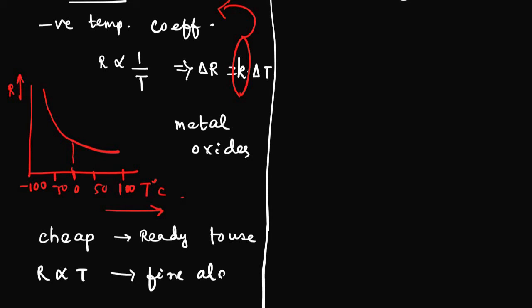That's why it is used in fire alarm. Okay, why we are using NTC thermistor in fire alarm? Because after it is reaching the desired range of temperature, beyond that it is increasing, just like the Ohm's law variance. Okay, that's why we can see whenever there is an increase in temperature, if it is going above the room temperature or the desired range, the resistance will increase.